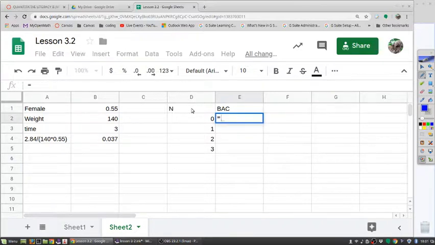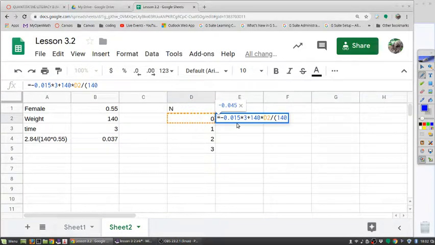Let's do the calculation. Equals negative 0.015 times 3, and I'm just going to put a 3 in there for now, plus we have our 140 times the number of drinks, which is here now, divided by, now I need parentheses, and I want the weight, 140, times the gender, 0.55.